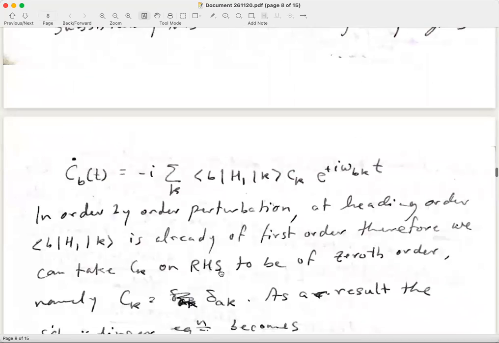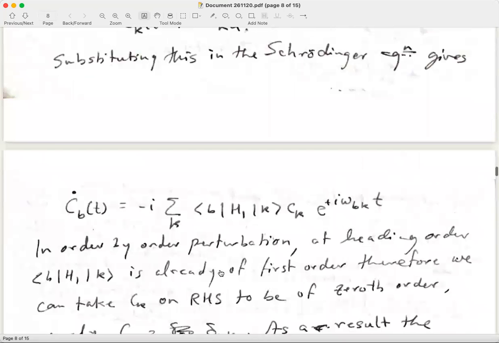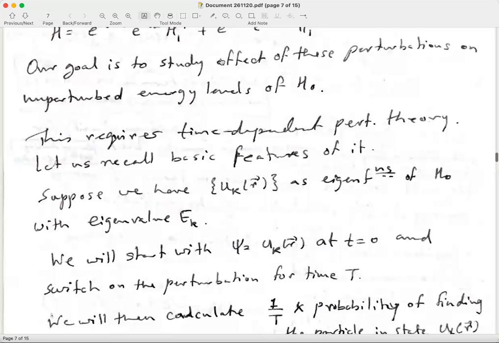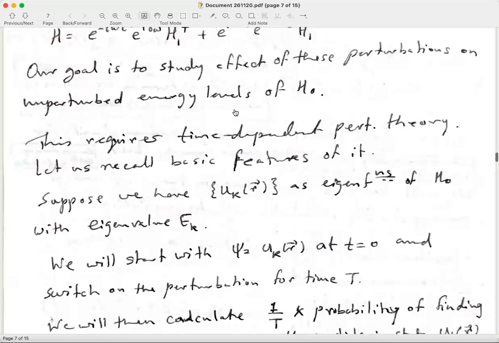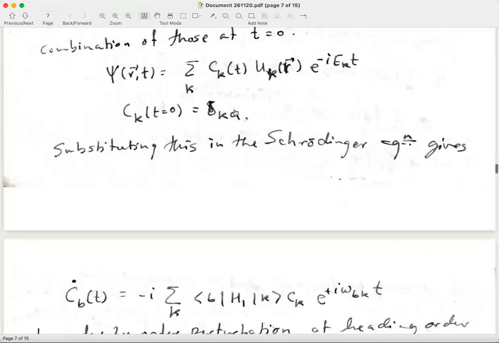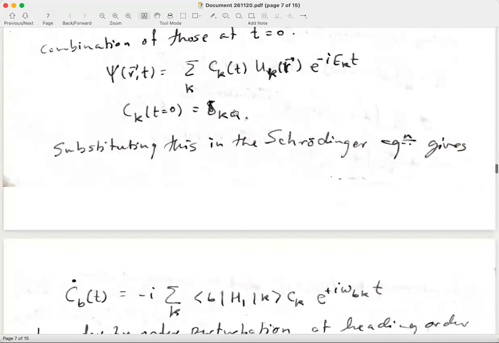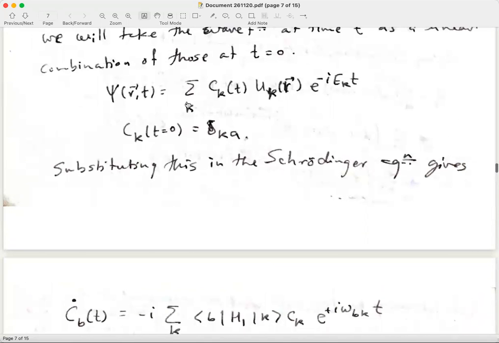So here's the thing: we write down the wave function like this, and we want to ask how these parameters c_k of t evolve as you turn on the time dependent perturbation of this kind. Of course, to do that you will have to solve the time dependent Schrodinger equation, which is written in terms of a quantity like this.